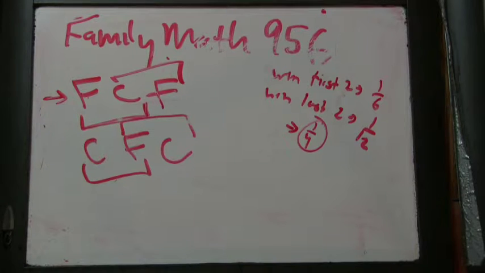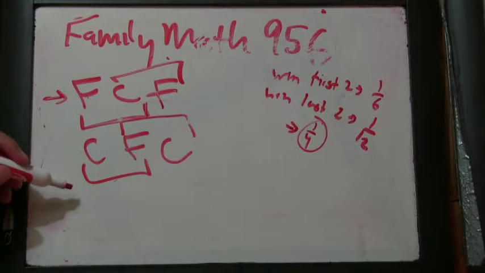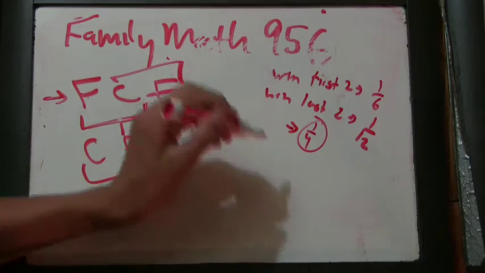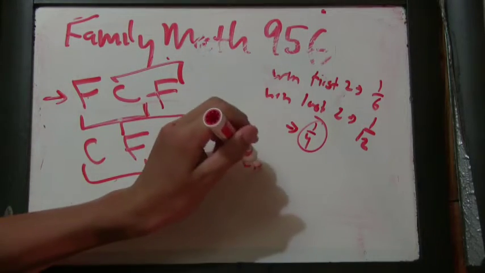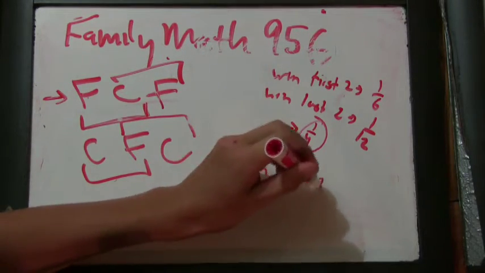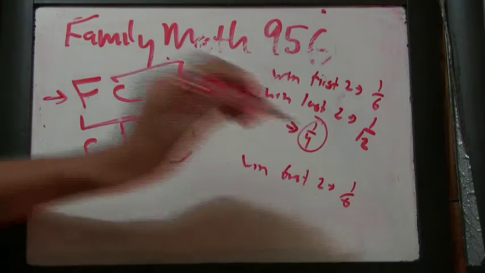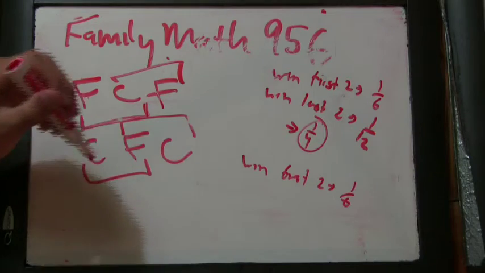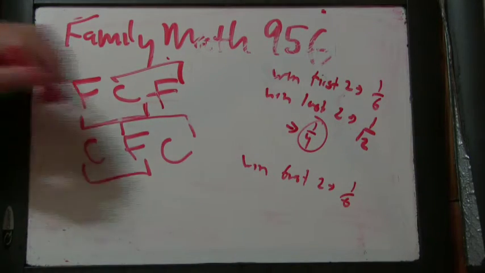All right, so here, when we win the first 2, it's going to be a third times a half. So this is also 1/6. But then winning the last 2, it's going to be a third times 1/6.